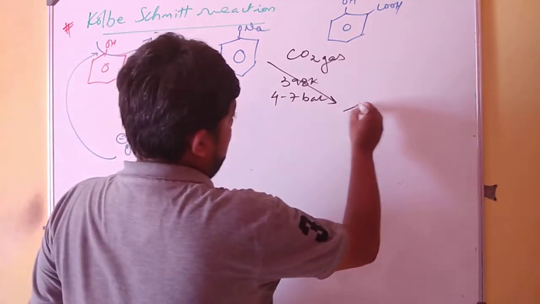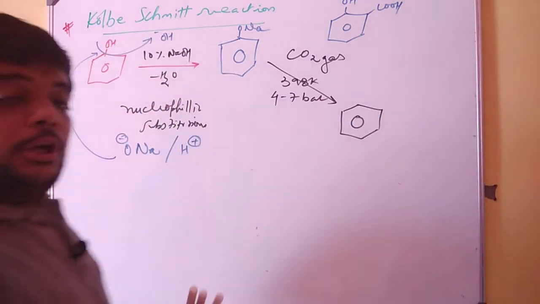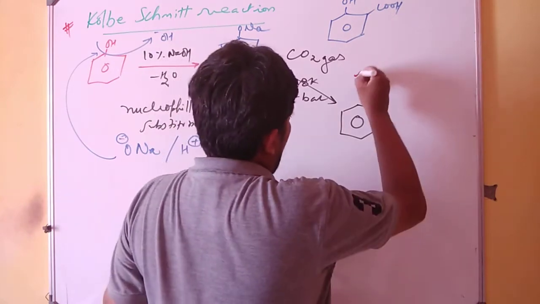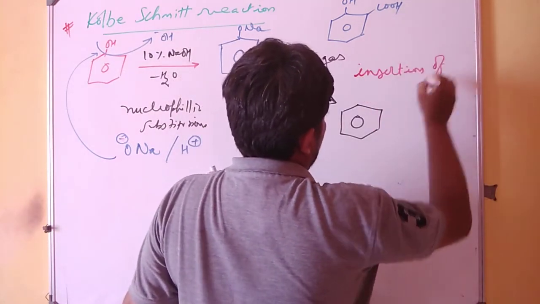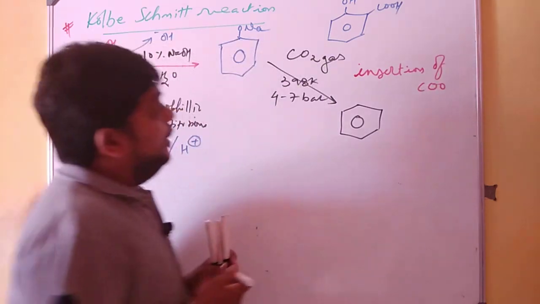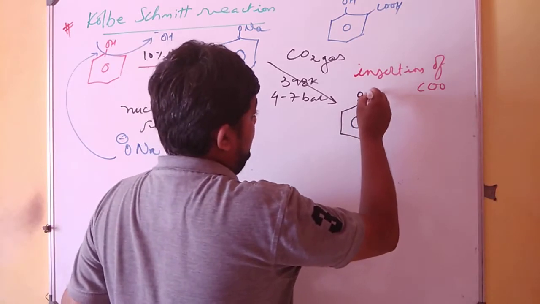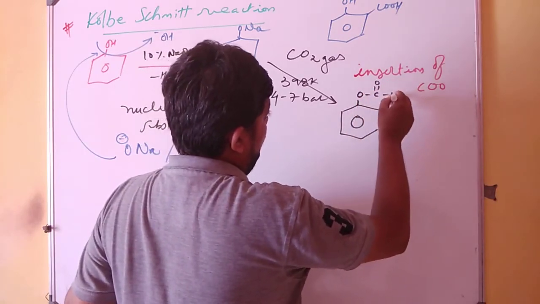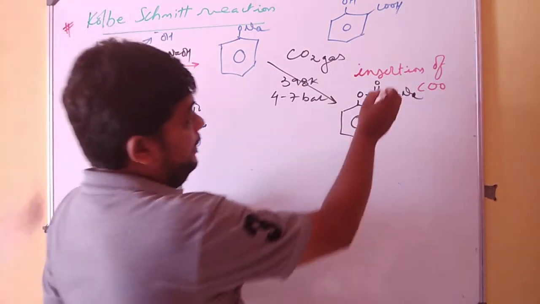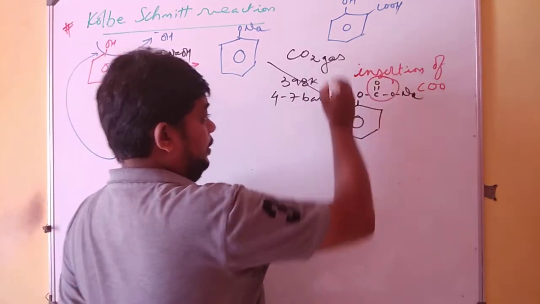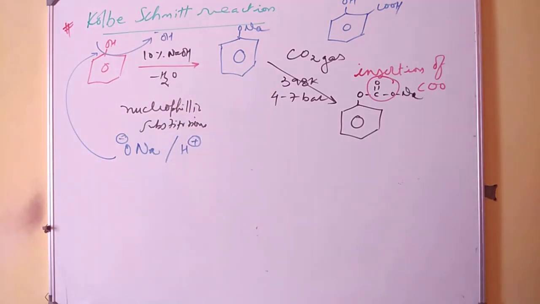But this will help us by a very simple reaction which I have always mentioned during classes as insertion of COO. So I am just trying to insert this COO over there, and that will help me write OCOONa. If you look into it properly, we have just inserted a carbon dioxide inside that particular bond, that is ONa.